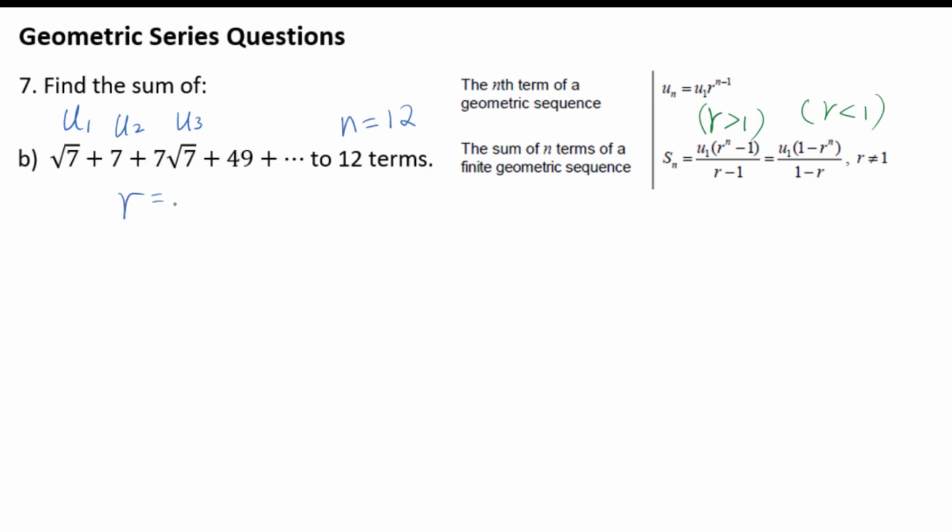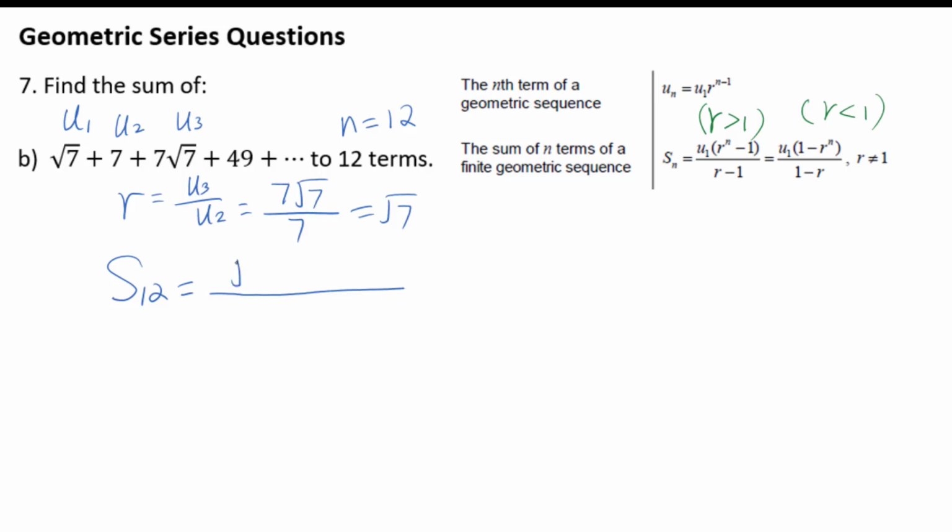For the common ratio, I will use u sub 3 over u sub 2 because this is easier to figure out. That is square root of 7. So S sub 12 equals, since we will use a graphing calculator, it doesn't matter which formula we use. I will use the first one.